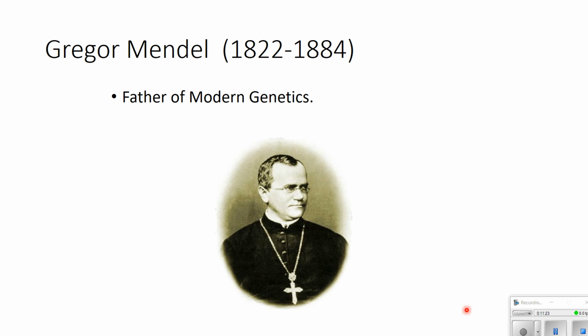And because he based his findings on statistical analysis, he was so far ahead of his time that, as I mentioned, the other scientists of this time period just didn't get it. They didn't understand what Mendel was trying to tell them.